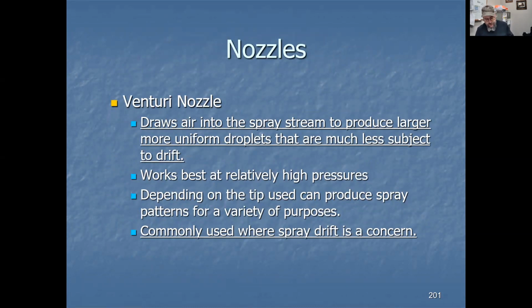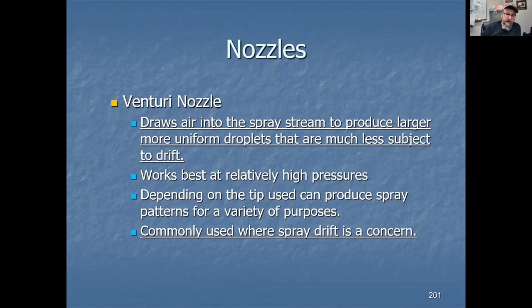If you look through your book, starting on page 7-5, there's a number of nozzles that are out there and available. I'm going to talk a little bit about the Venturi nozzle, or air induction nozzle. The Venturi nozzle draws air into the spray stream to produce larger, more uniform droplets that are much less subject to drift.